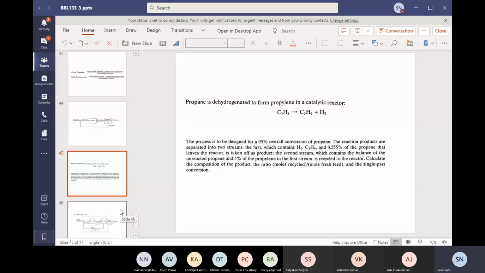Since the limiting reactant question doesn't arise here, it's C3H8, you will have only C3H8 and C3H6 being recycled, because it clearly says that the second stream just contains unreacted propane and propylene. Those two also you have to label. So that's what your diagram will contain.